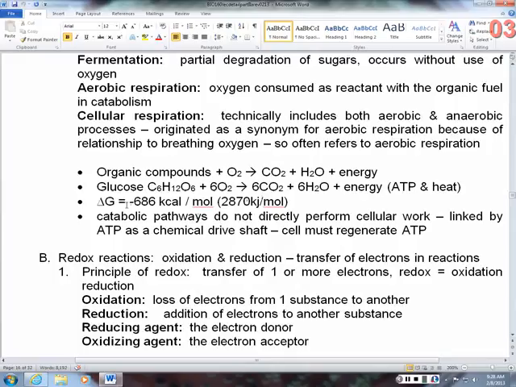The delta G of that is negative 686 kilocalories per mole, under standard conditions. This catabolic pathway is not going to directly perform the cellular work. Instead, it gives you ATP that you will use to do the work.